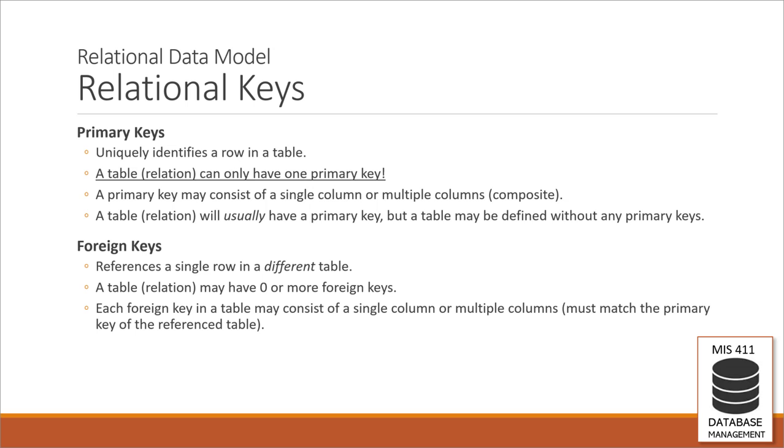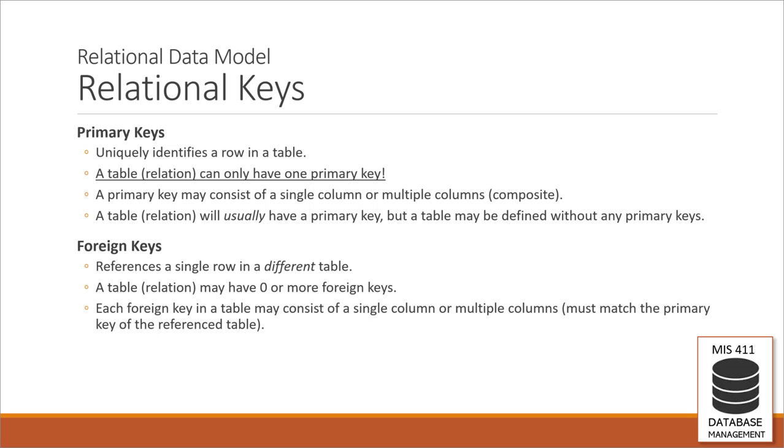A primary key may consist of a single column or multiple columns, a composite primary key. Now we've seen examples of that earlier in the slides, right? The primary key could just be the ID field, or it could be a combination of the major ID and the student ID or something along those lines. A table will usually have a primary key, but you can actually define a table without any primary key at all.